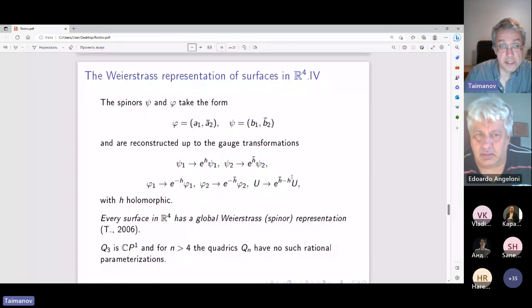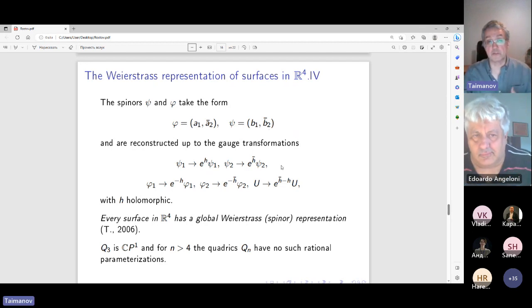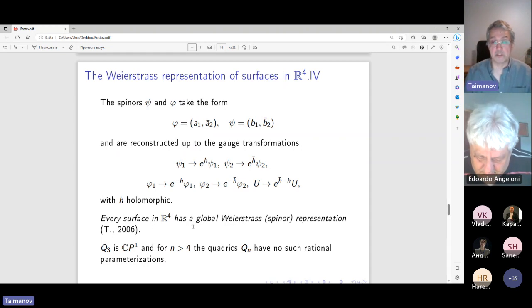In this case, the spinors ψ and φ take this form: φ is (A1, A2 bar), ψ is (B1, B2 bar). They are reconstructed from the surface up to gauge transformations. Every surface in R4 has a global Weierstrass representation.